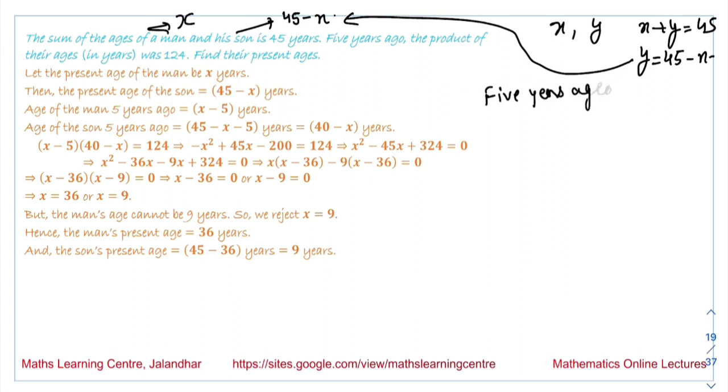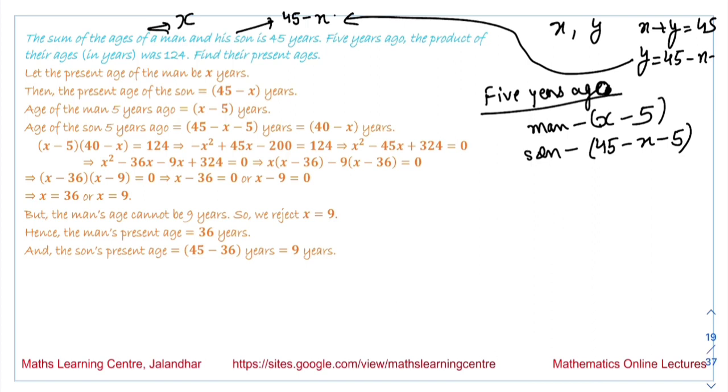years ago. When we are talking about 5 years ago, the age of the man was x minus 5 and the age of the son was 45 minus x minus 5. It is given that the product of their ages, (x minus 5) into (40 minus x), is equal to 124.